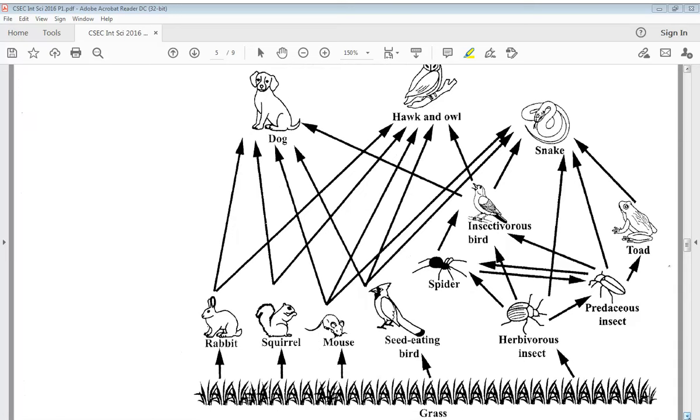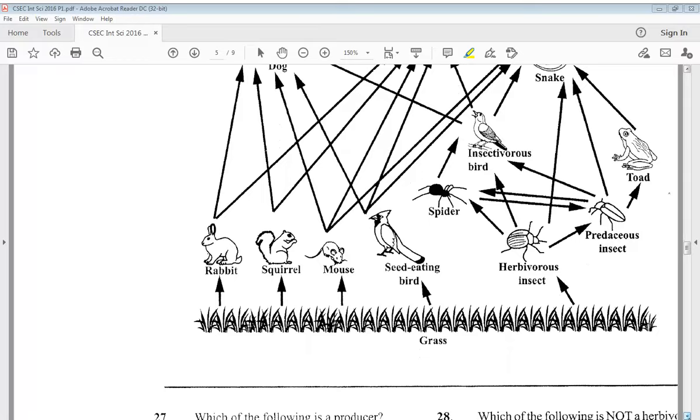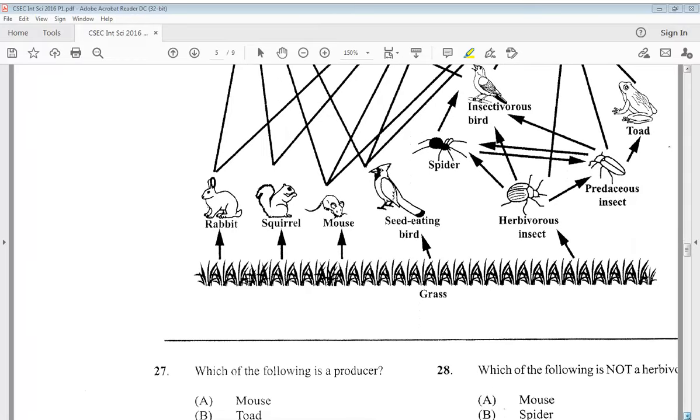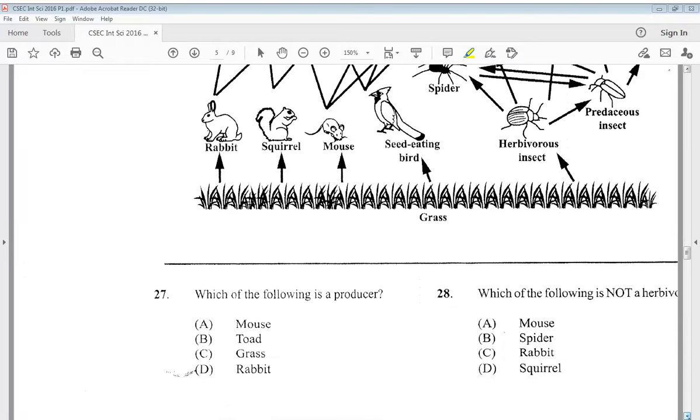All right, and this should not be new to you, guys. So here we go. 27 says, which of the following is a producer? A, mouse, B, toad, C, grass, or D, rabbit? This is quite easy.